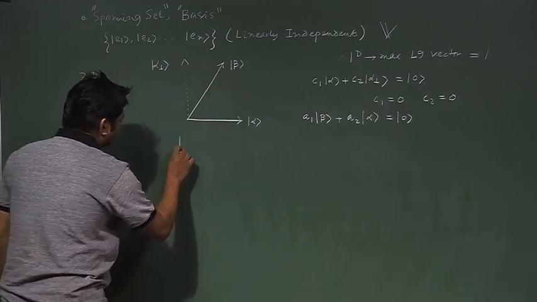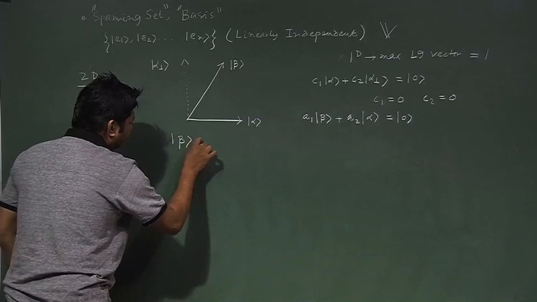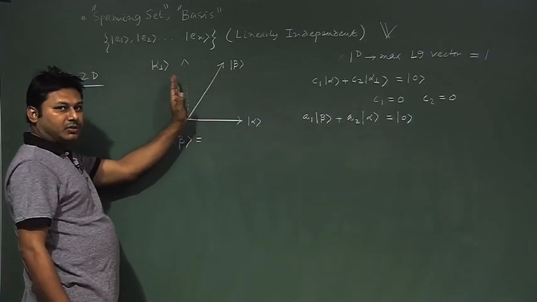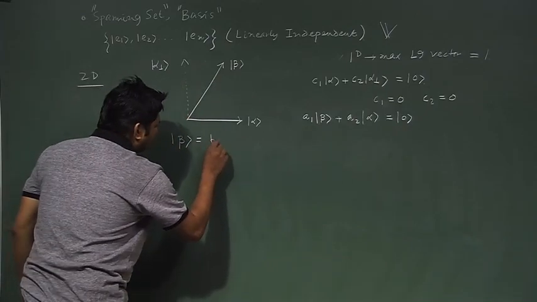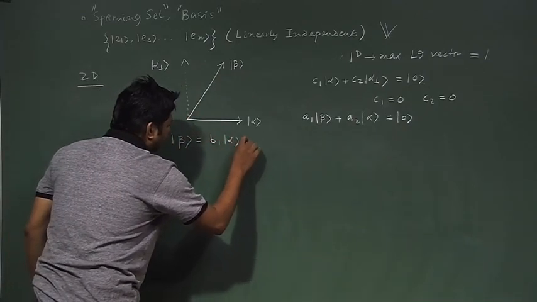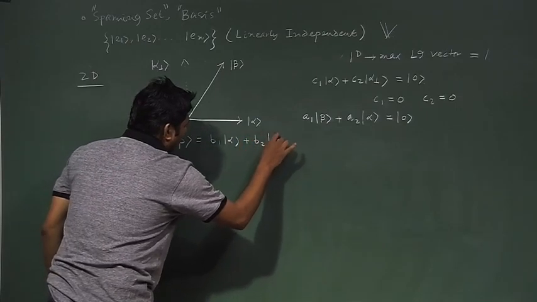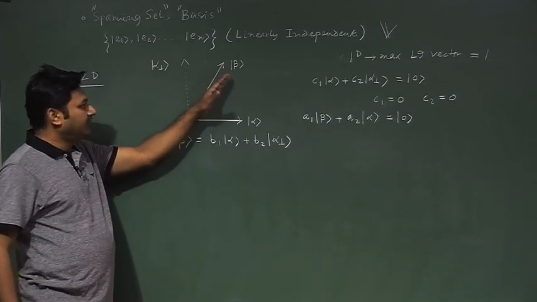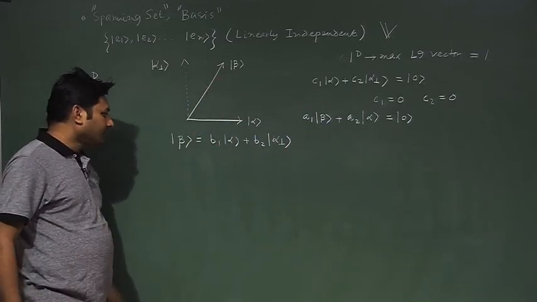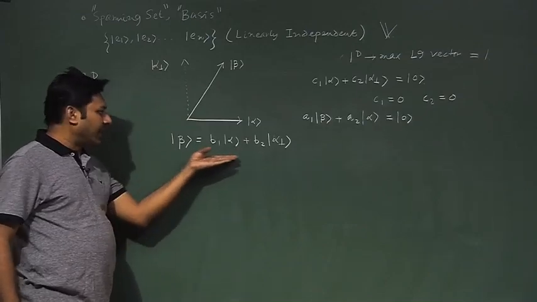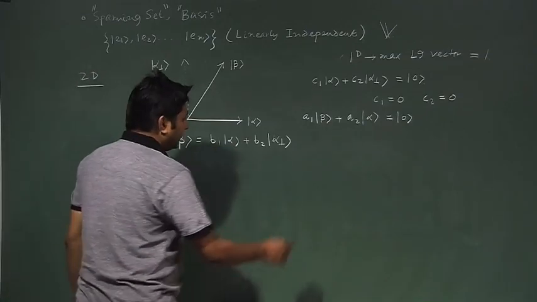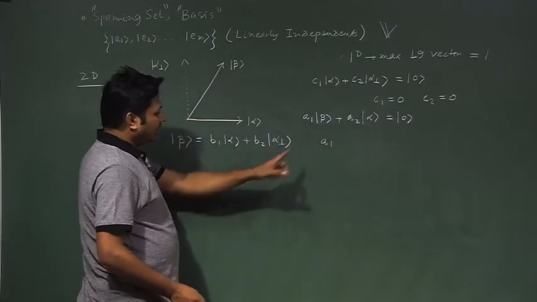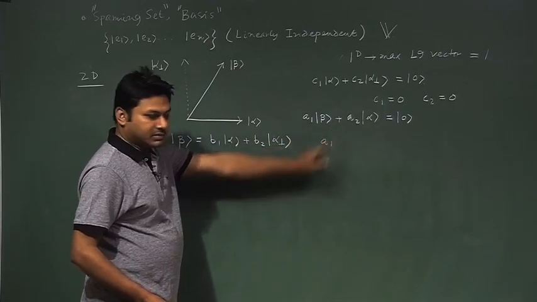So beta, I know that this is a vector along this direction, can be divided into two components, this and the perpendicular component. If I do that, say B1 alpha plus B2 alpha perpendicular, these are the two components into which I can subdivide this beta. After having the value of beta in this form, the next thing is I can put this here. So I have this equation, now I am using this in this equation.